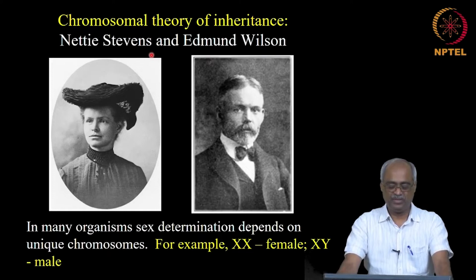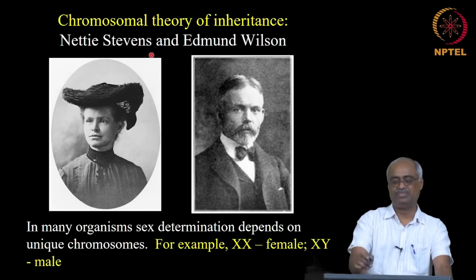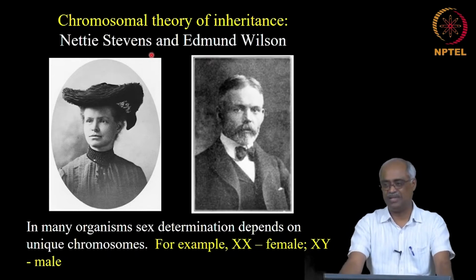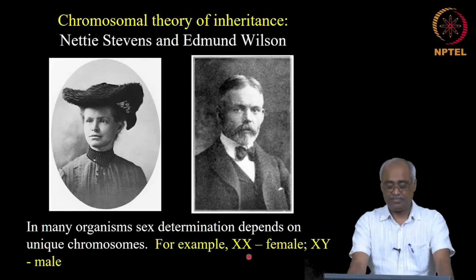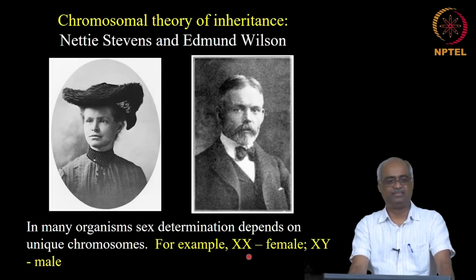One of T.H. Morgan's postdocs, Nettie Stevens, strongly felt it is the chromosomes, and she went and worked with Edmund Wilson, who also believed in it, and they showed that in many organisms sex determination is by the chromosomes, XY or X0 in many organisms being male and XX being female.